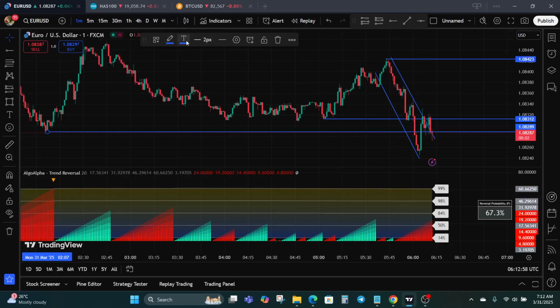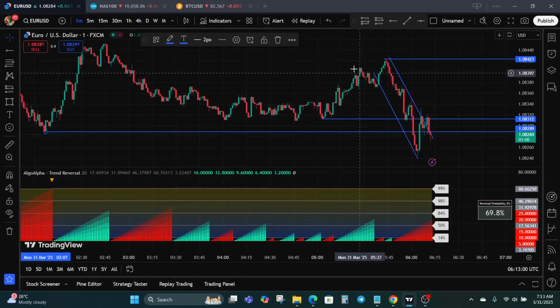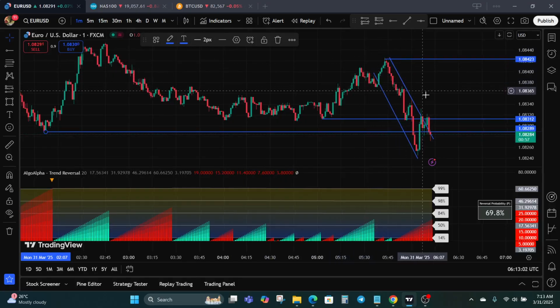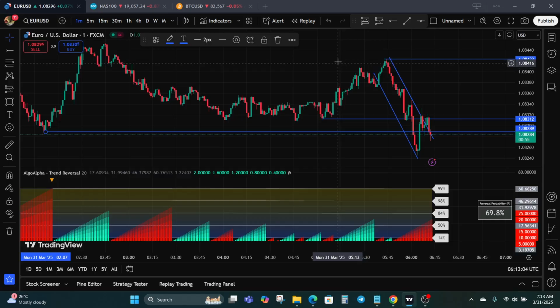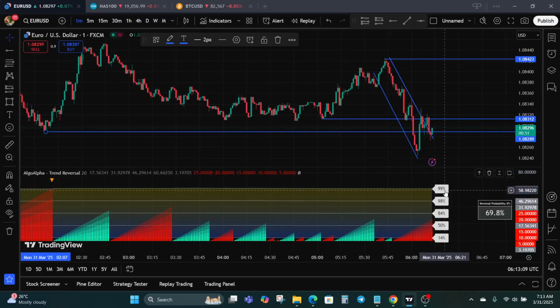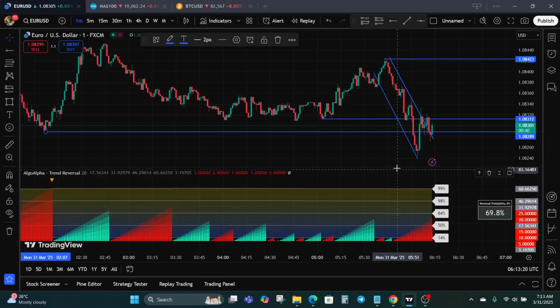On the other hand, if the downtrend is about to reverse, you could consider looking for long positions. A simple strategy would be to wait for the oscillator to show extreme readings and then look for confirmation from price action. When the market shows a reversal pattern and the indicator agrees, you have a much higher probability of success.